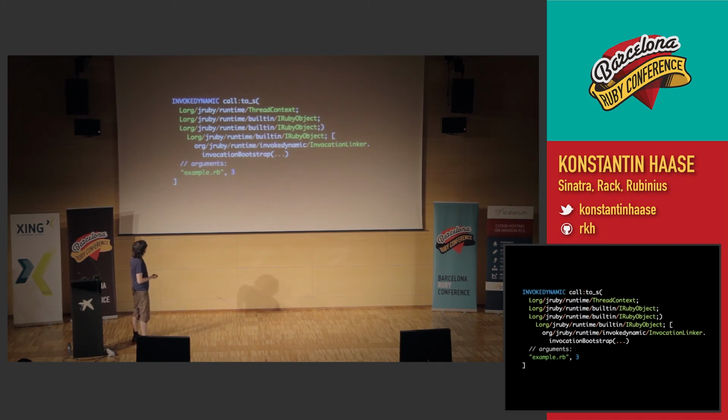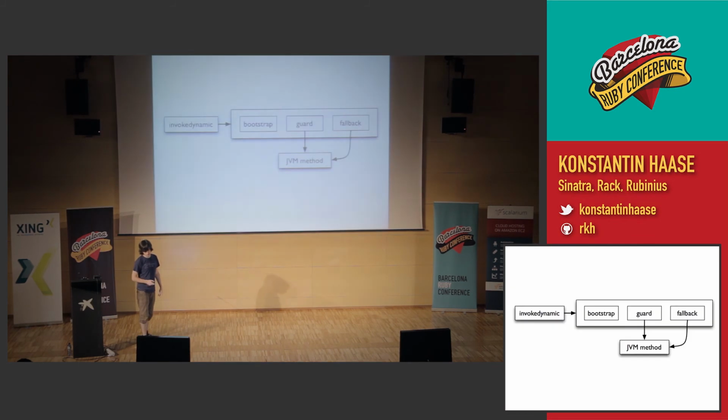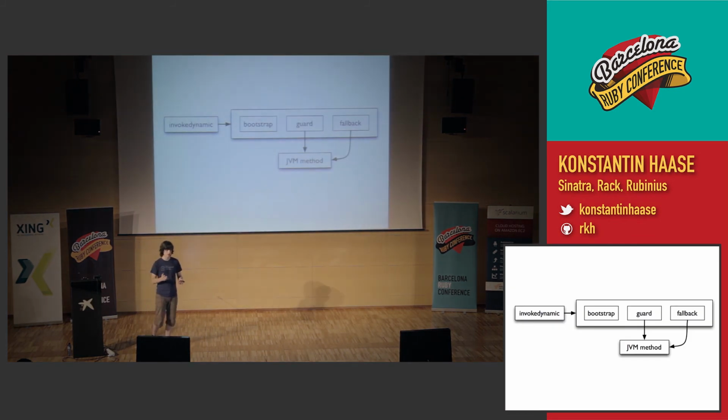And also it's going to hand it a linker. And that linker knows how to explain the method dispatch to the JVM. And the linker has a bootstrap method. So the linker actually has three things: a bootstrap, a guard, and a fallback.